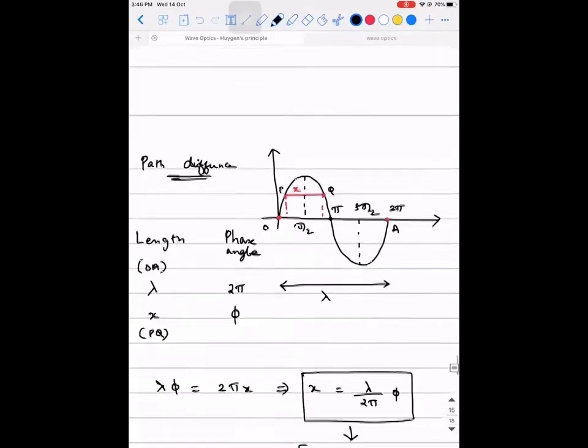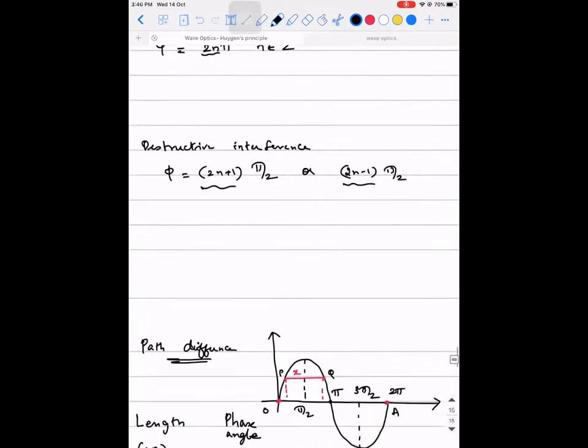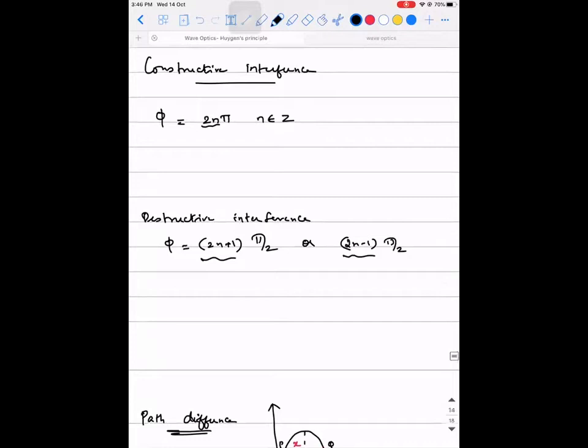Keeping the condition in our mind, if we substitute it here, for constructive interference the corresponding phase difference is supposed to be 2n pi. What should be the corresponding path difference? So path difference x should be equal to how much?